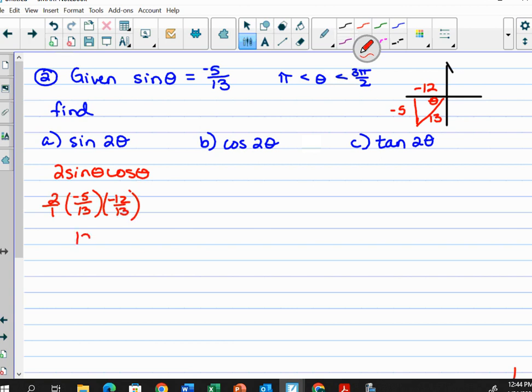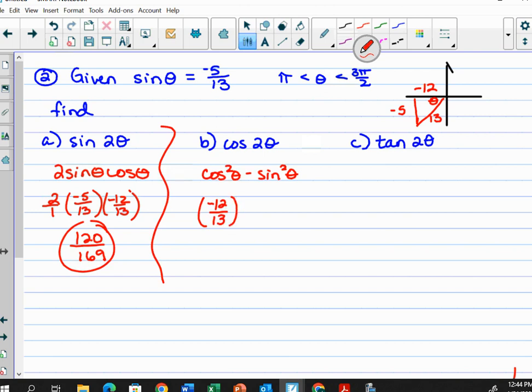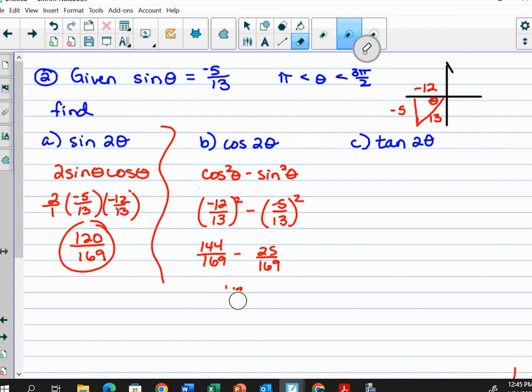So we get 120 over 169 for the first one. Formula here for the second one. That says 119.